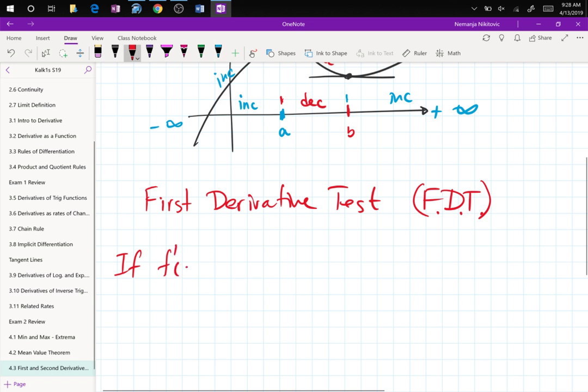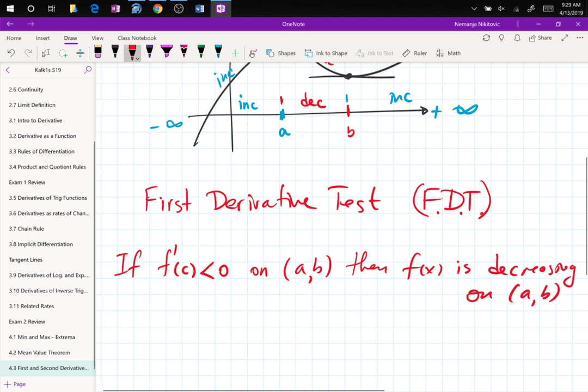If f prime at a value c is less than 0 on some interval a to b, could be open or closed, it doesn't matter, but usually open. So if f prime of c is less than 0 on AB, then f of x is decreasing on that interval AB.